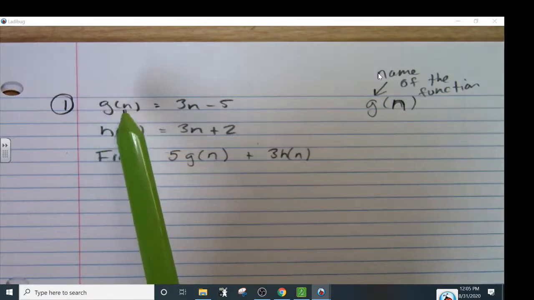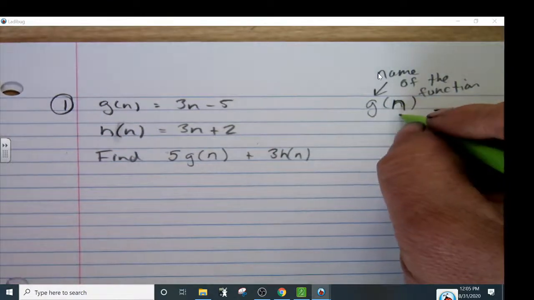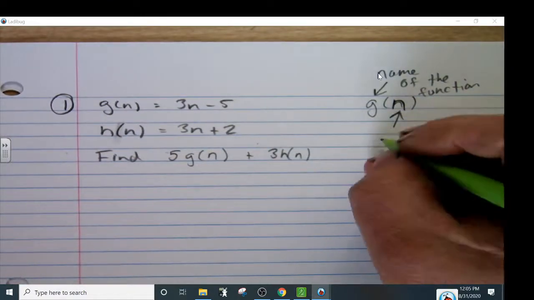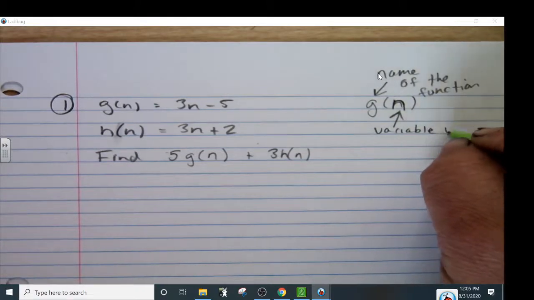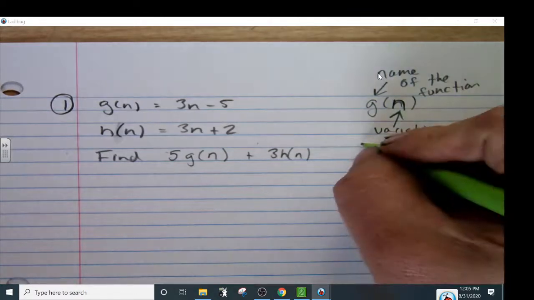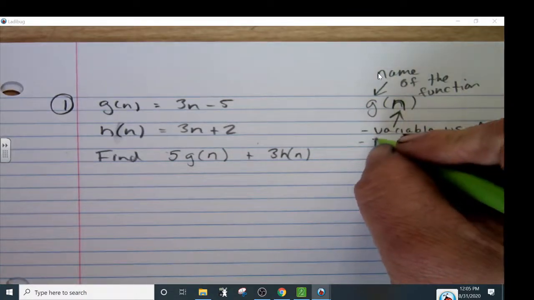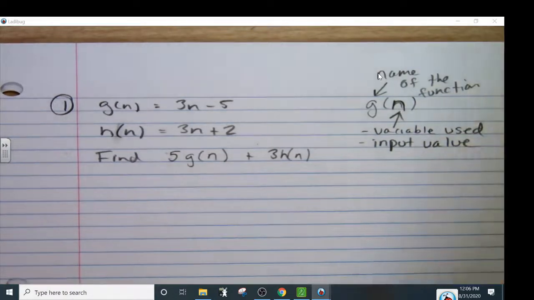Okay, now the letter or the variable in the parentheses is the variable being used. It's also known as an input value.